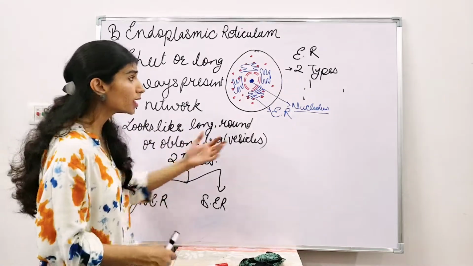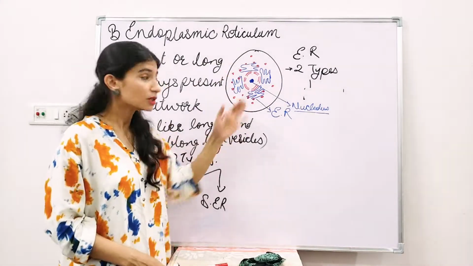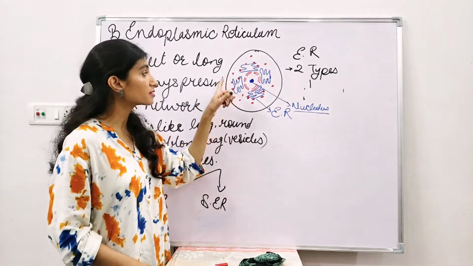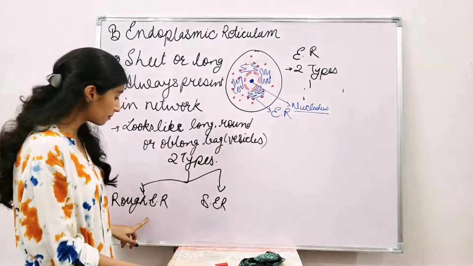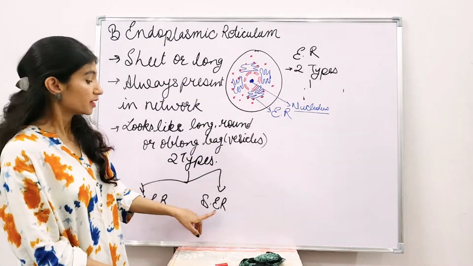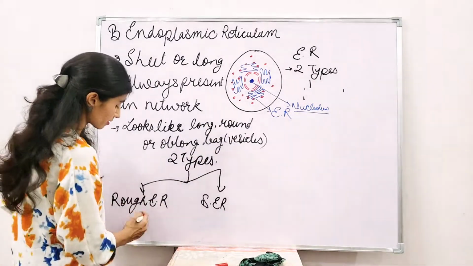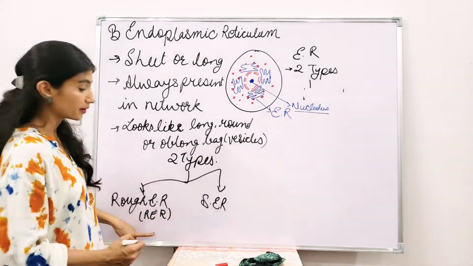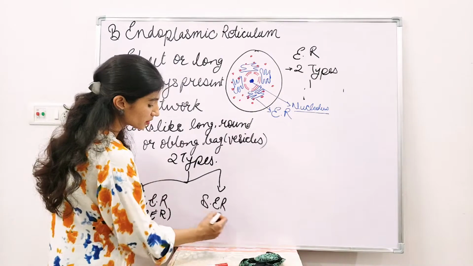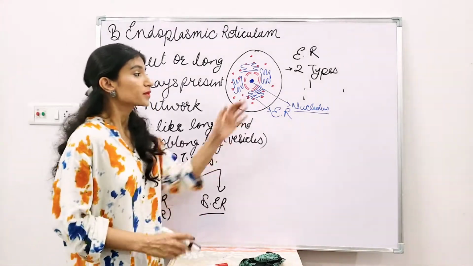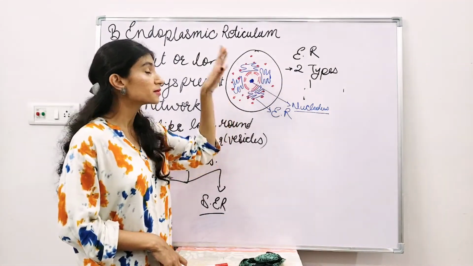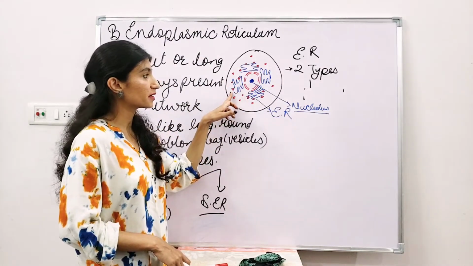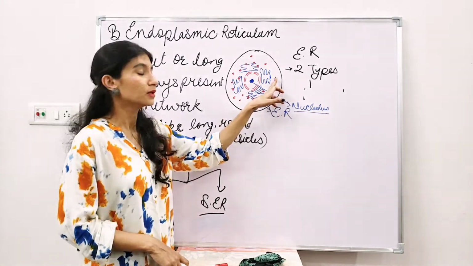On the basis of the arrangement of ribosomes, the endoplasmic reticulum is divided into two parts, the rough endoplasmic reticulum, called RER, and the smooth endoplasmic reticulum, called SER.